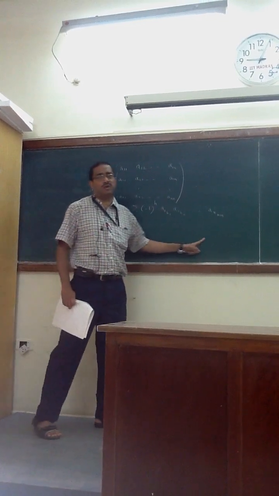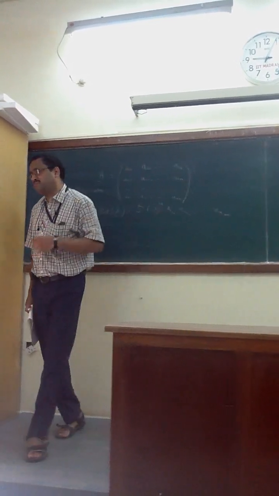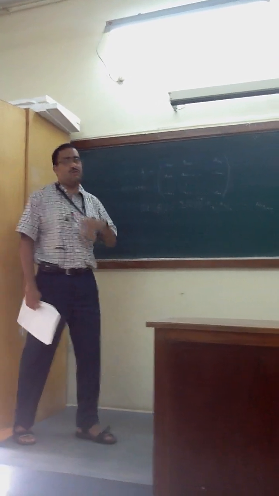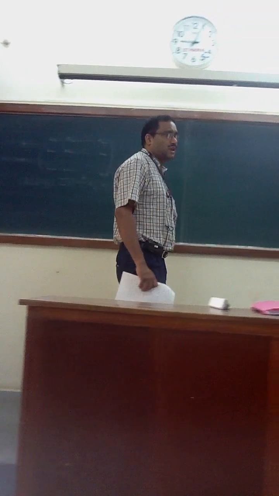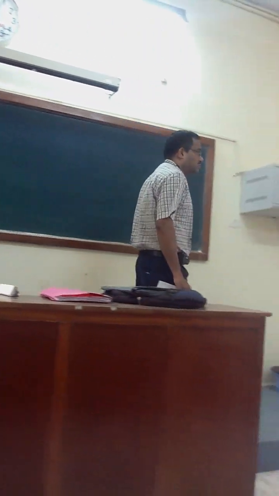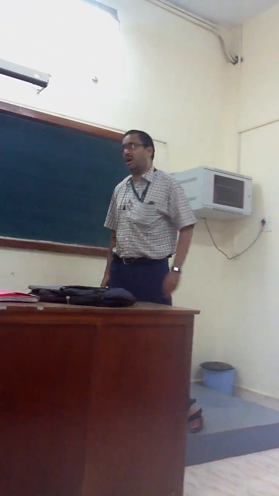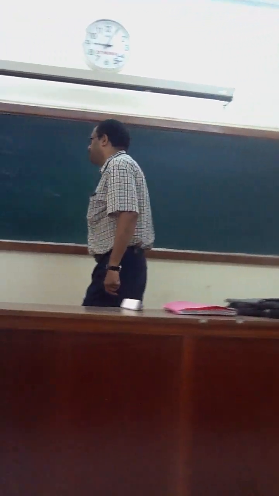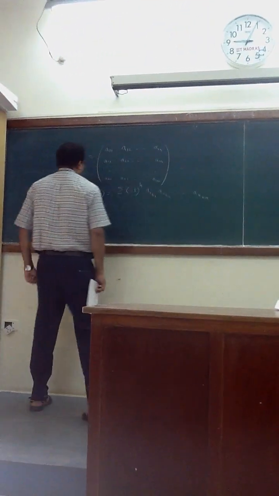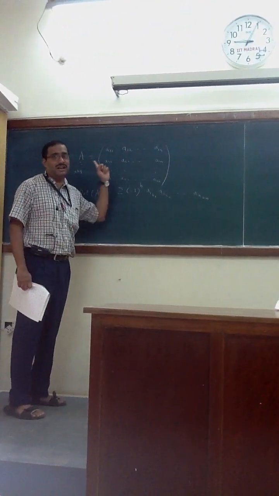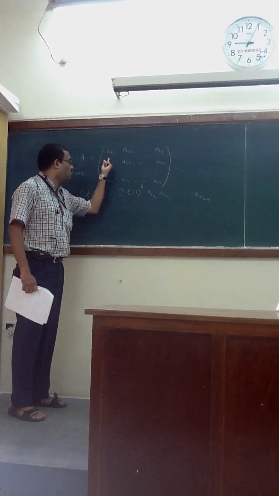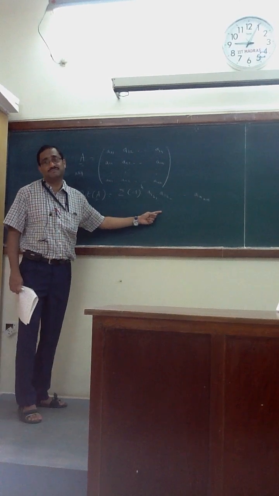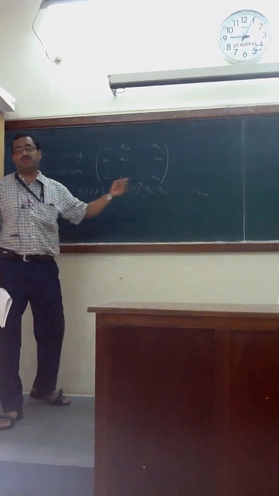K1 is not equal to K2, is not equal to K3, not equal to K4, and so on. They cannot be the same. That means at a time, for each column, I will be taking only one element. I cannot have two elements from the same column here. Am I correct? Because K1, K2, Kn denote the columns.